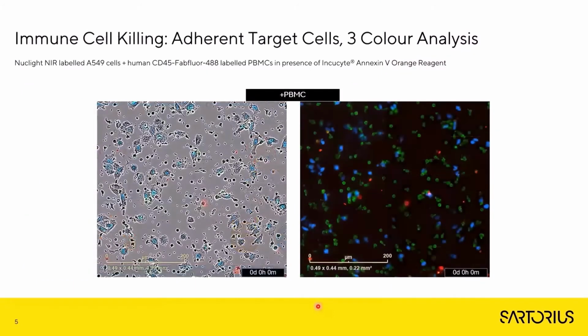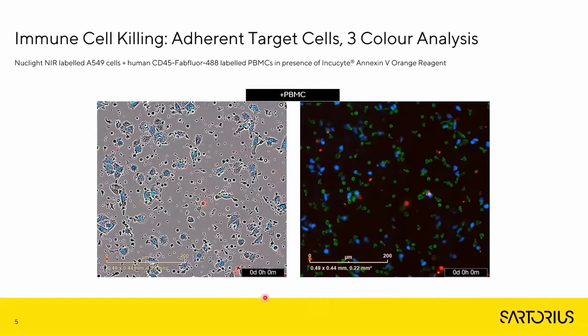Now, one approach to assess immune cell killing is live cell imaging and analysis. In this example, we have an adherent target culture. We're running a 3-color analysis. So here we have A549 target cells that have been transduced to express a near-infrared nuclear restricted reporter. In this assay, this is pseudo-colored blue for visualization.